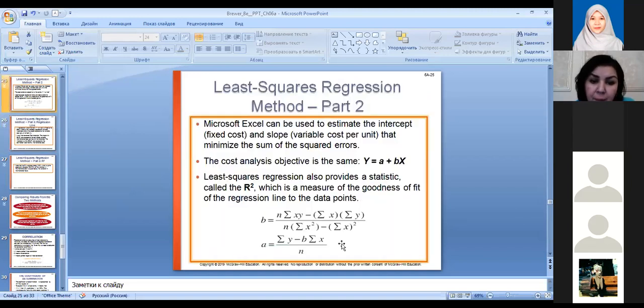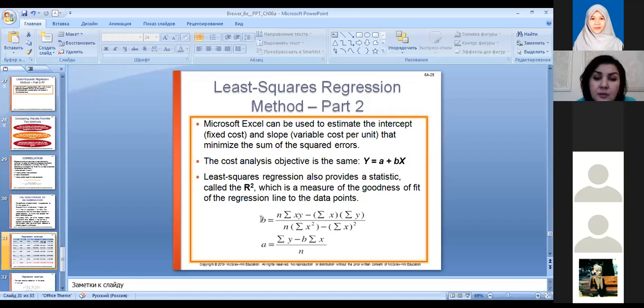In order to calculate total cost using this least squares regression analysis, we need to calculate B and A. But to calculate B and A, we need to know the sum of X multiplied by Y, the sum of X multiplied by the sum of Y, also N multiplied by the sum of X squared minus the sum of X also squared. So you see how many variables we need actually.